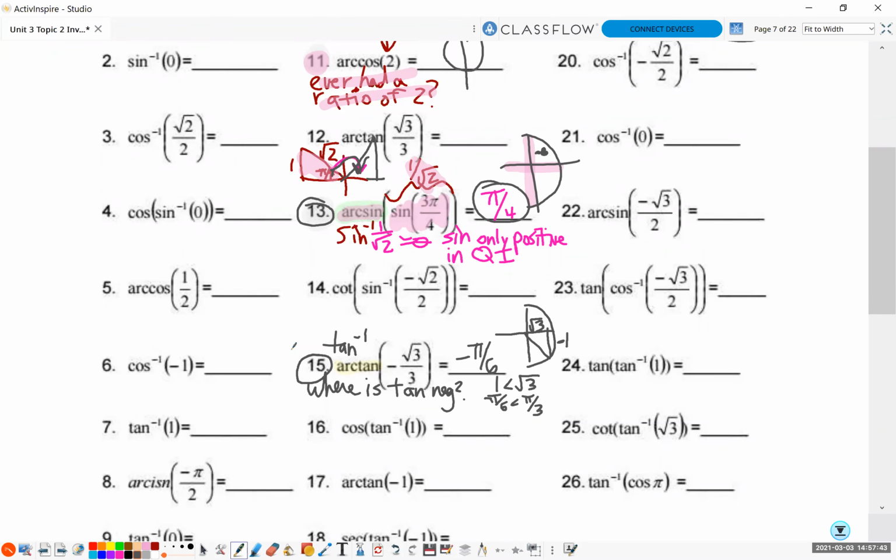Tan is negative in quadrant 4. Since it's negative 1 over square root of 3, that means that pi over 6 is the reference angle, which is itself. It's negative pi over 6 because you're going clockwise from your initial ray.